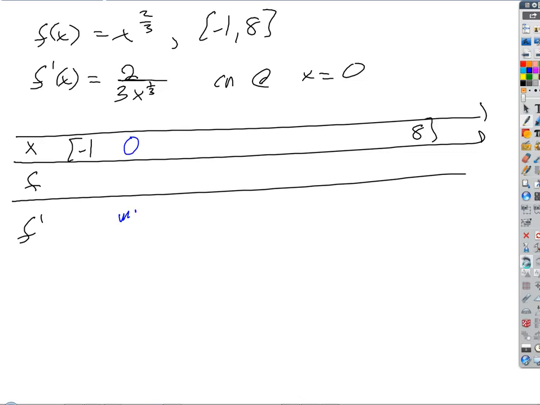Let's just go ahead and write U for undefined. Okay, so then all we have to do, same as before, is check the values at all 3 of those places, our one interior critical number and the 2 endpoints, and see what the winner is. No big deal.